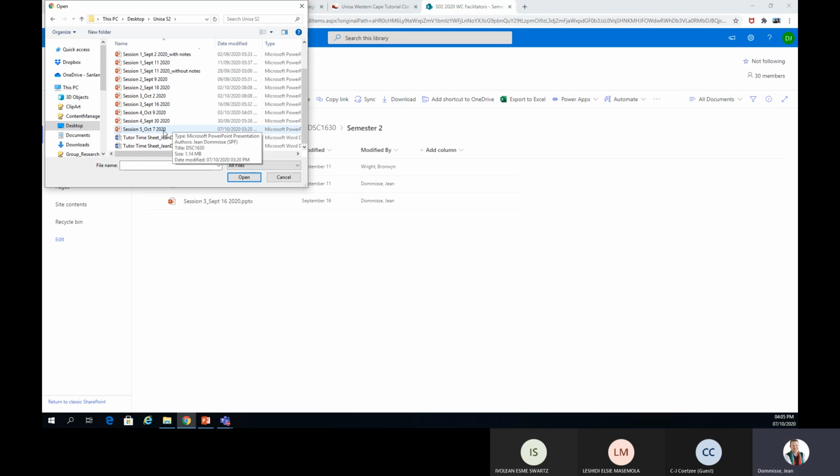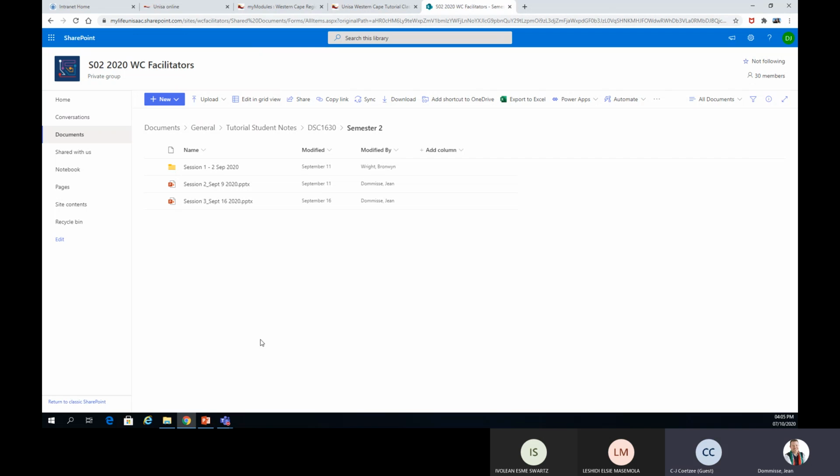This portal through the Western Cape site is more the things that I will put there. Thank you. If there are online tutors, then it will be DSC1630 semester 2, and then it's normally E1, E2, meaning E-tutor group 1, 2, 3 or 4. I think that is where some of the confusion comes in.